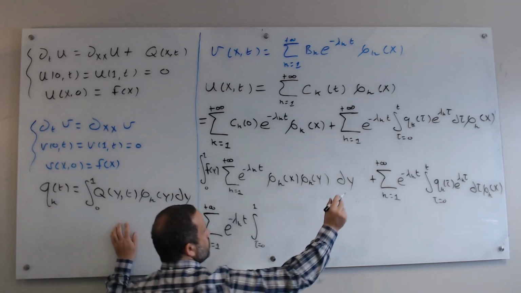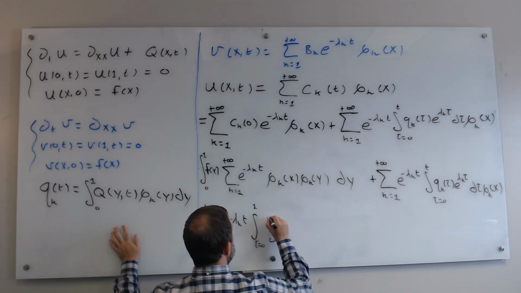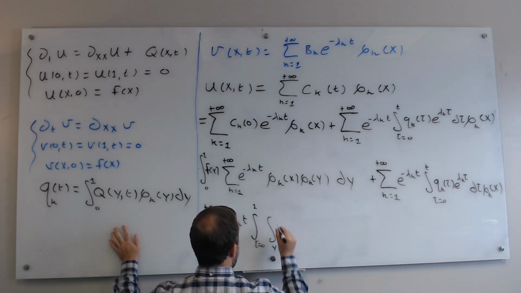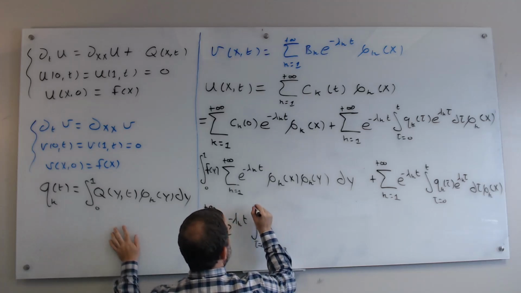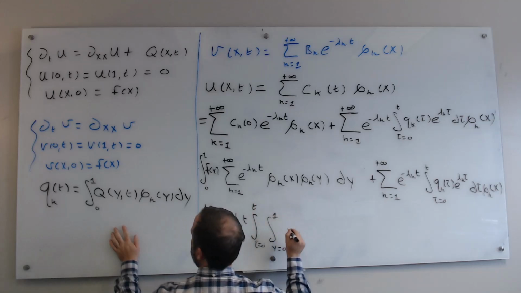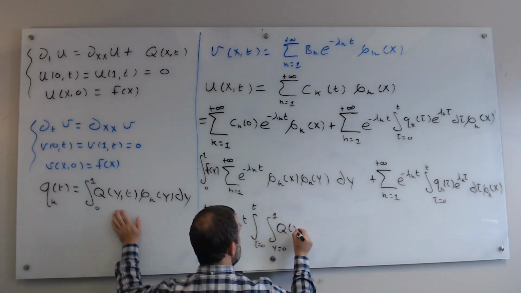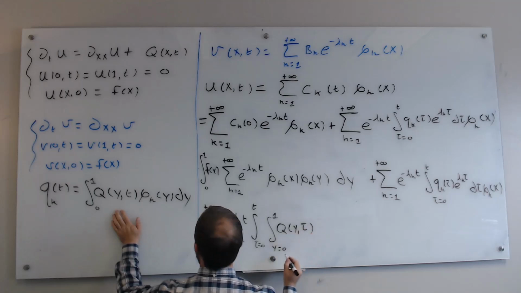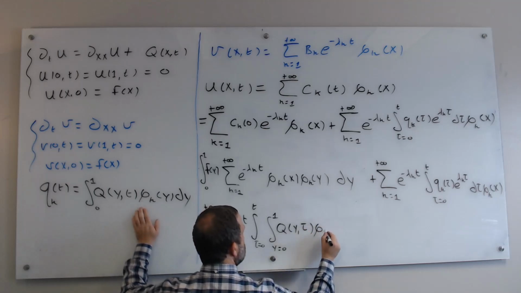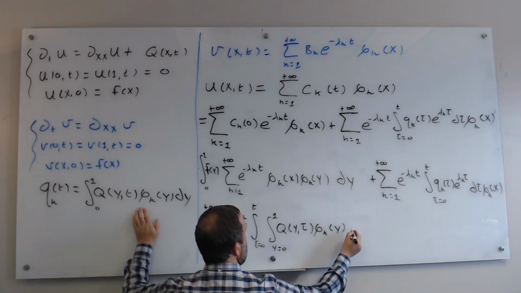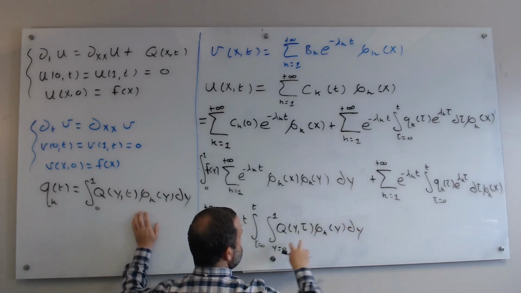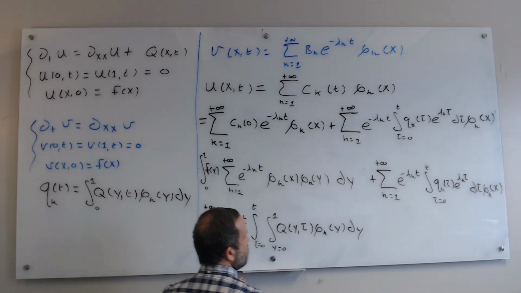So now little q_k of tau is the integral y equals 0 to 1 of q of y, tau, v_k of y, dy. That's this right here. This integral is little q_k of tau.